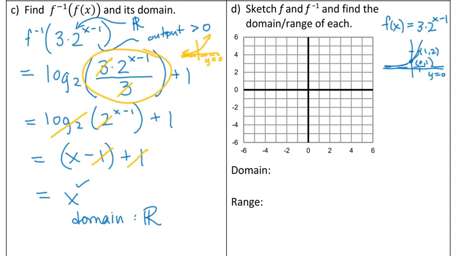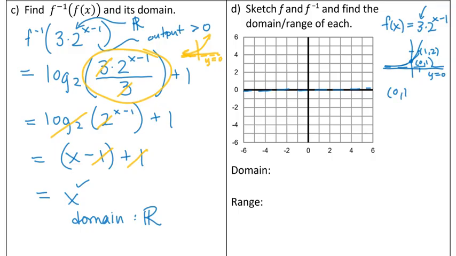So when I do the vertical stretch by 3, that doesn't move the horizontal asymptote. 0 times 3 is still 0. When I move to the right 1, that also doesn't affect the horizontal asymptote. So the exponential function will still have a horizontal asymptote at y equals 0.